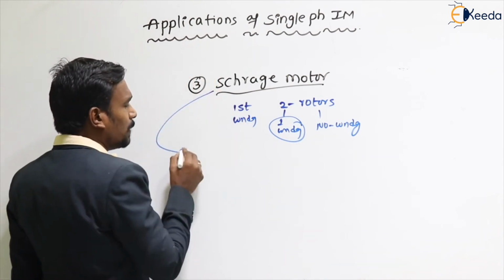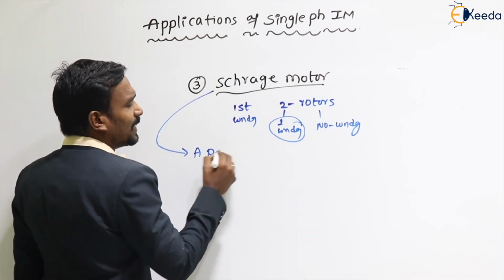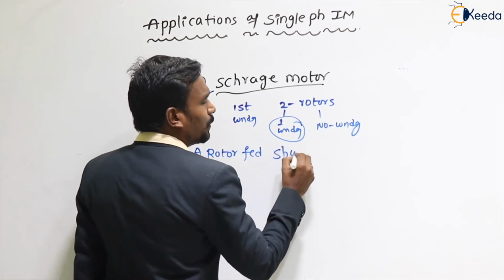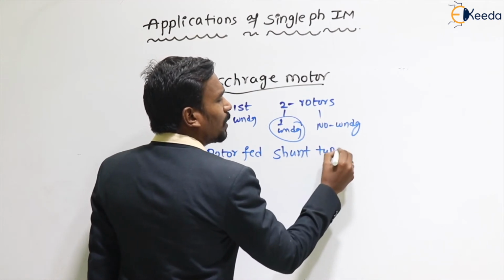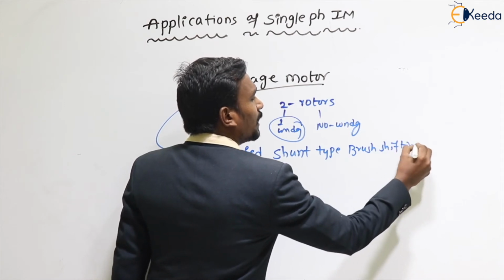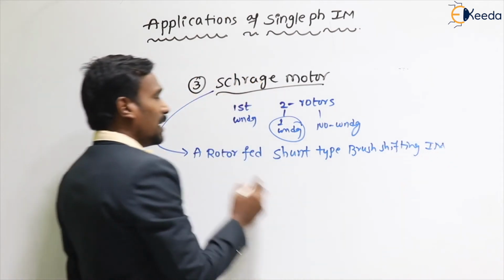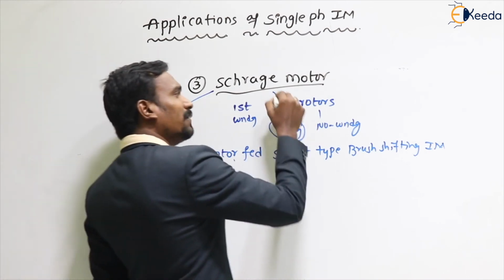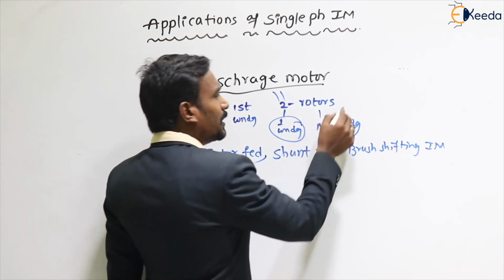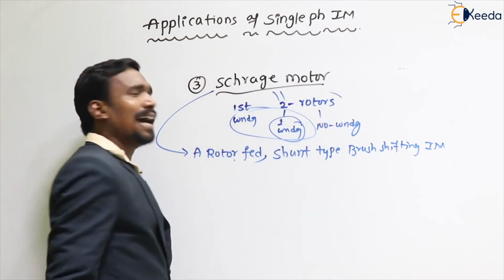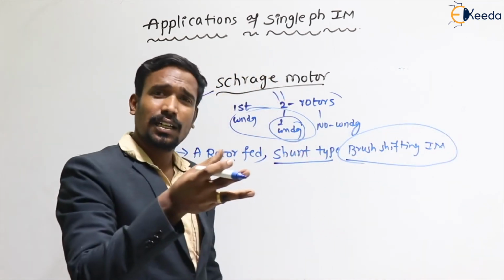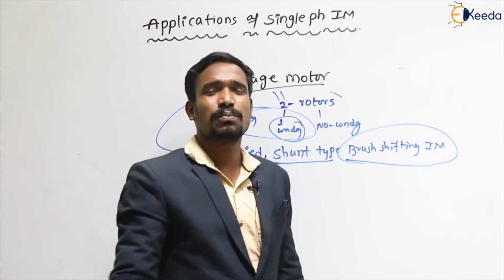The Schrage motor is nothing but a rotor fed shunt type brush shifting induction motor. Rotor fed means the supply is given to the rotor winding. A rotor fed shunt type, these are generally connected in parallel. This is a brush shifting induction motor.